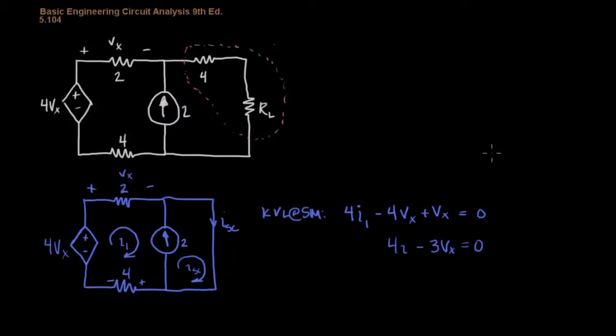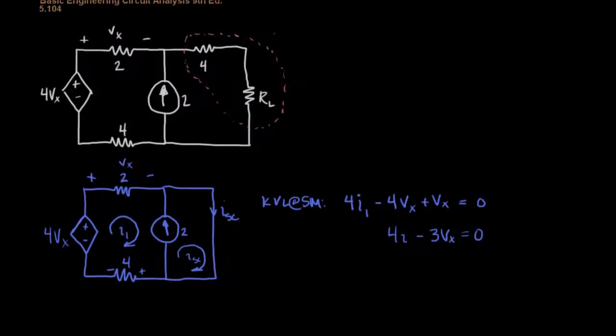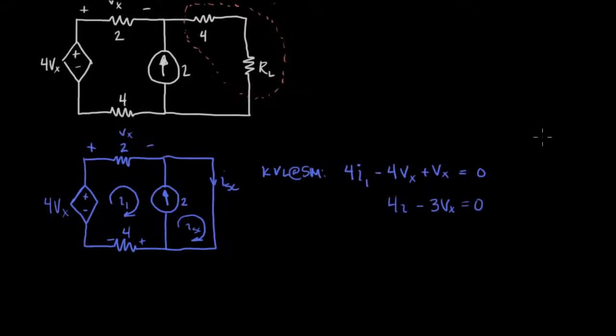Now remember, whenever we have a super mesh, there's always going to be an auxiliary equation that falls out. And in fact, in this particular circuit, because we have a dependent source, there'll be 2 auxiliary equations. Let's take a look at them. I'm actually going to write it up here just so I don't run out of room down below.